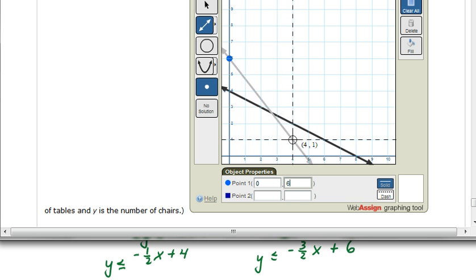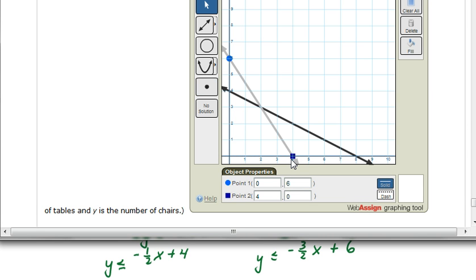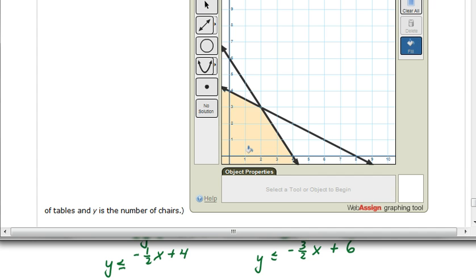So 4, 0 is another point on that line. And parts of that line are also going to be on the boundary because of the less than or equal to. So we're looking for a region that is below both of these lines. So when I go to the fill, I will choose this region.